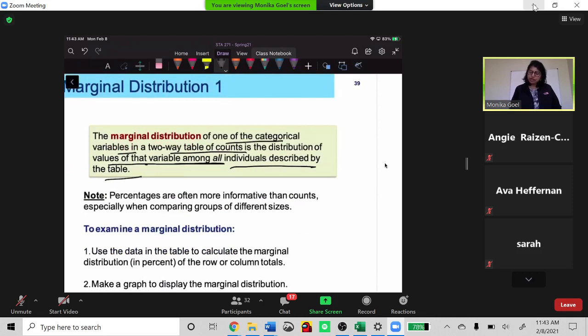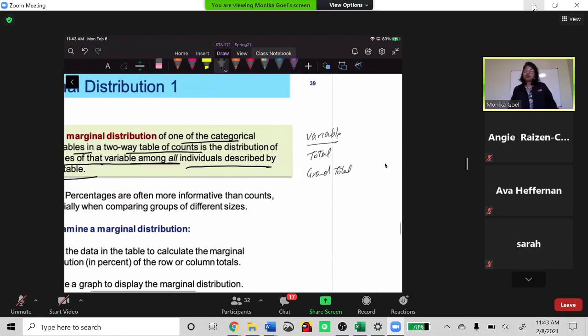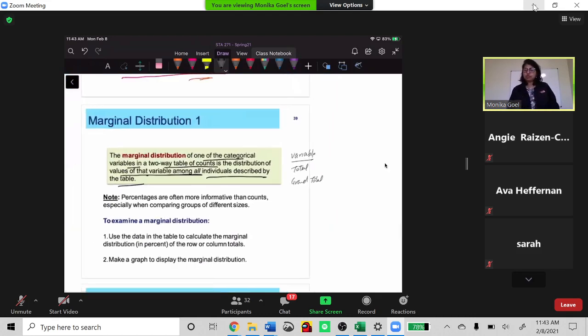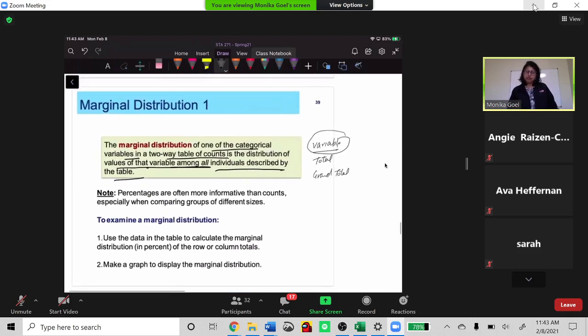So you divide with the total or the grand total, whichever makes more sense to you. When you're dividing with the grand total for the distribution of that variable, that is talking about marginal distribution.